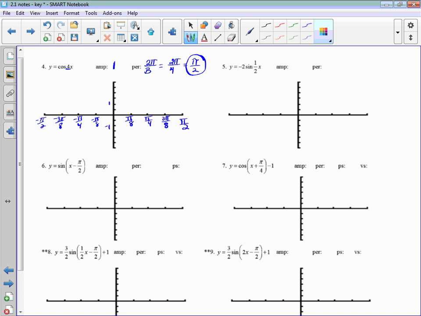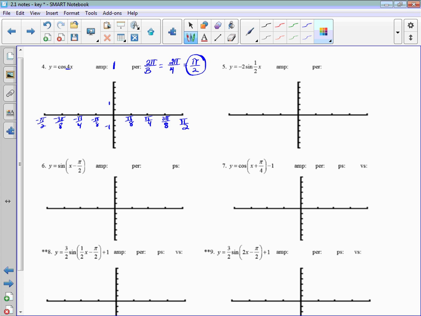Did you understand how I got that? That is pi over 2. That's like you're graphing one period of it, right? Okay, so what we're going to do now, there's no plugging in these values and plotting points. You're going to graph the points in the exact same position as the parent graph points were.